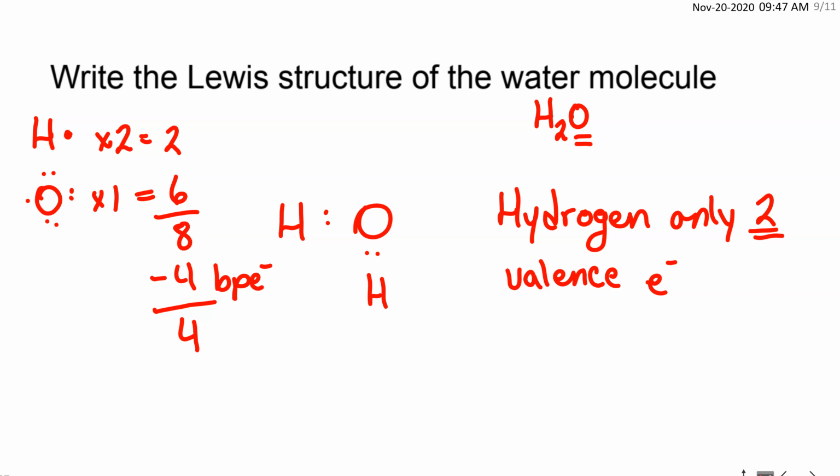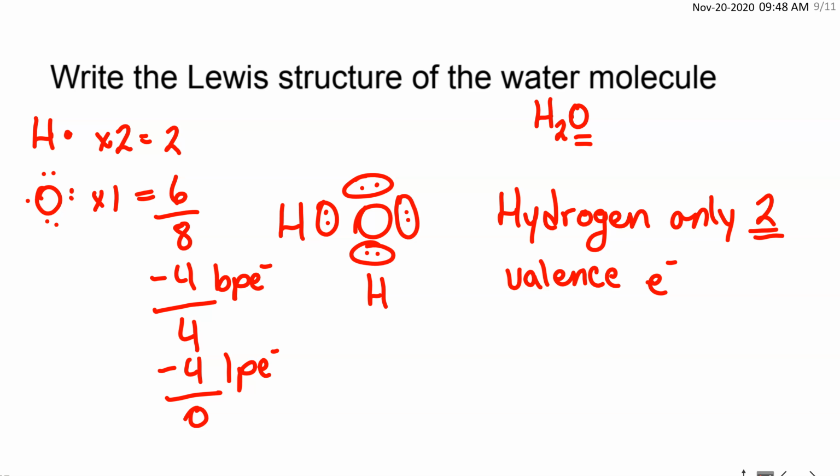Since I have 4 left over, they go on the central atom, and those are lone pairs. 4 lone pair electrons means I have none left over, and if I count my valence electrons, 2, 4, 6, 8, I have enough, the way I should.